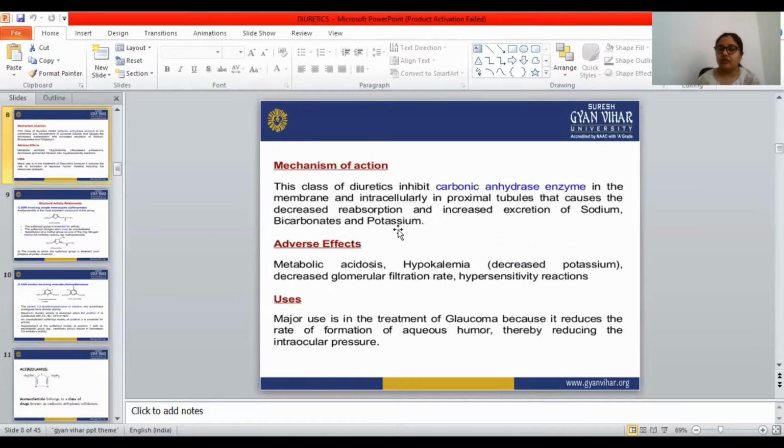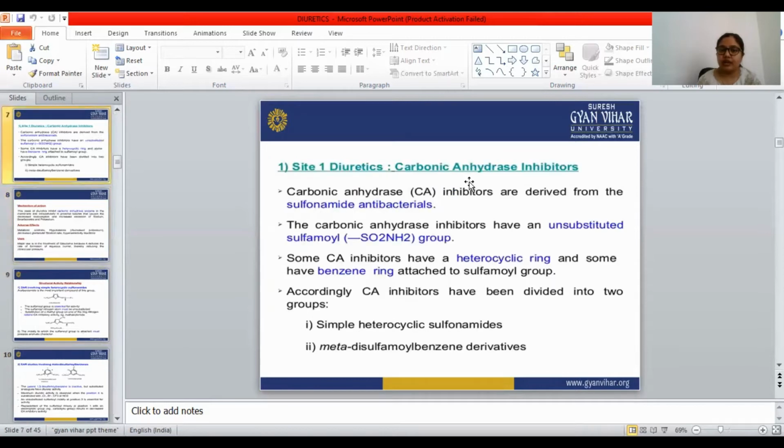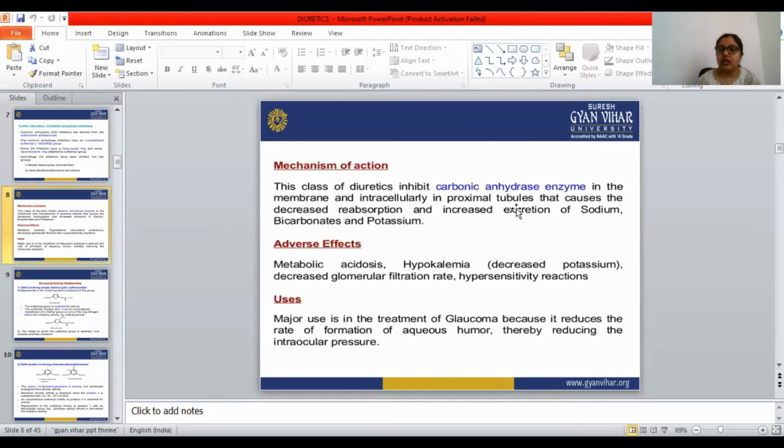So the common mechanism of action of the carbonic anhydrase diuretics: this class of diuretics inhibits the carbonic anhydrase enzyme, as the name says. They inhibit the carbonic anhydrase enzyme in the membrane and intracellularly in the proximal tubules.